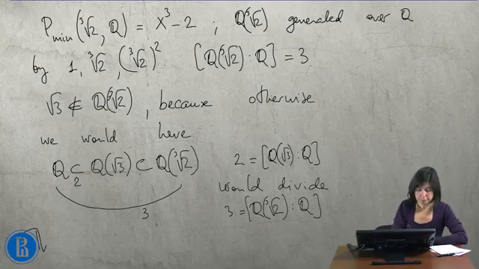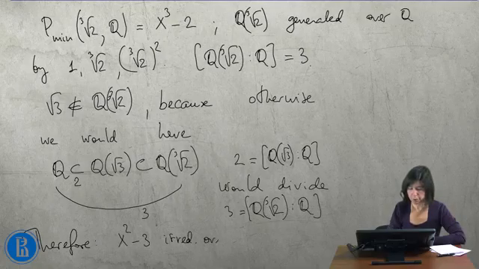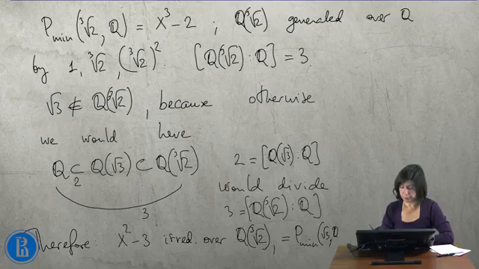Therefore, x squared minus 3 is irreducible over our extension and is a minimal polynomial of square root of 3 over this extension.